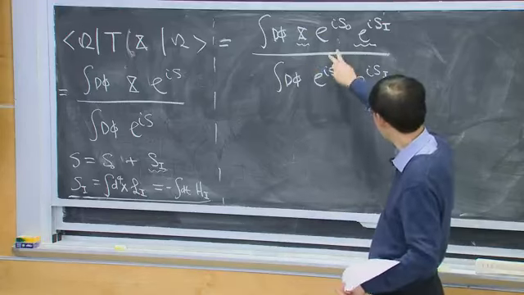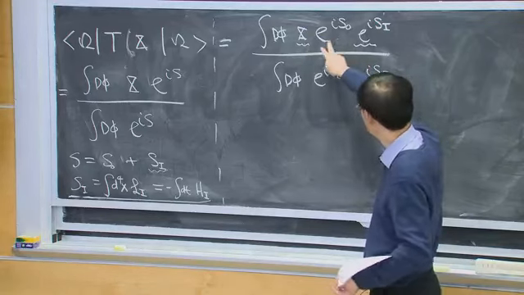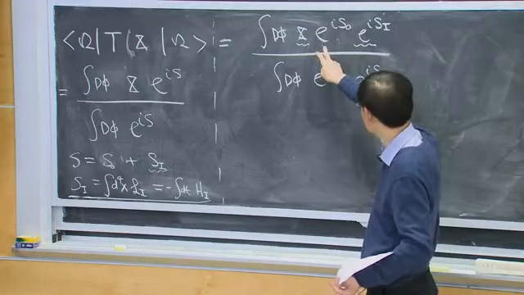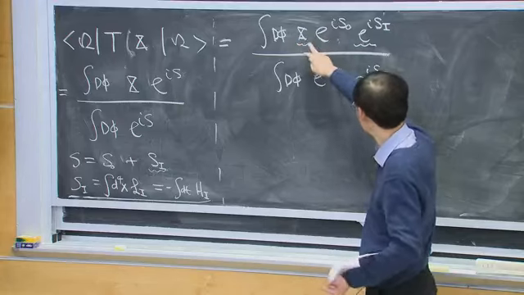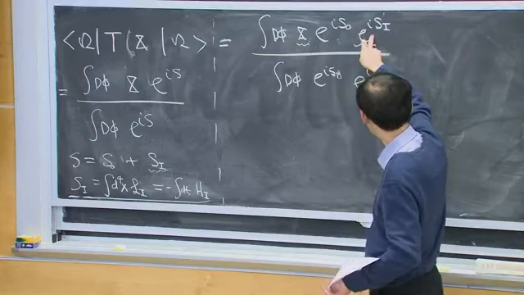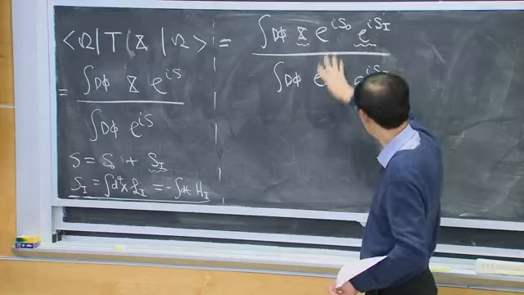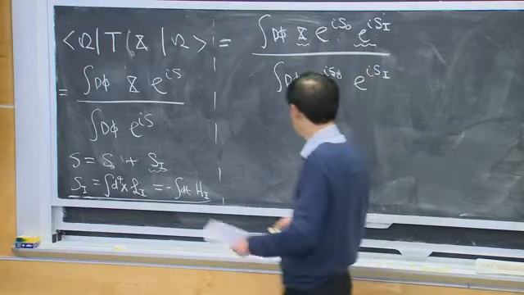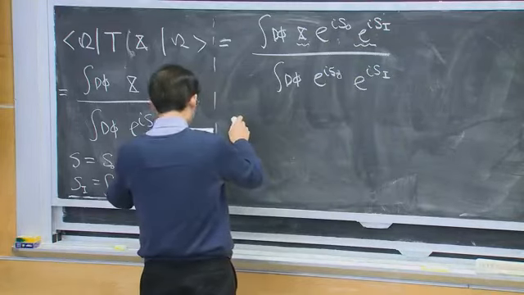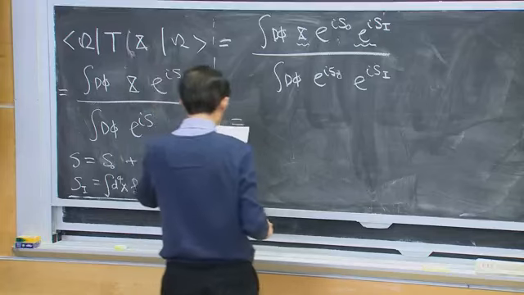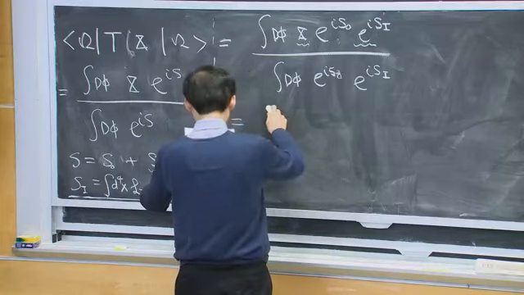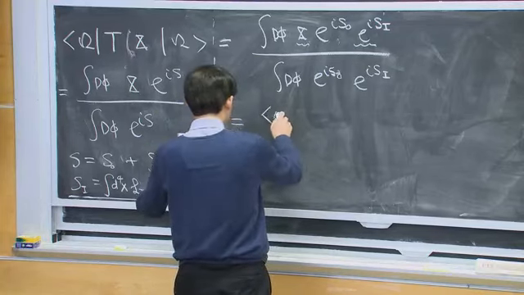We can interpret this just as an integrand for the free theory with some x prime, so x times e to the i S_I as another x for the free theory, and similarly downstairs. So we can write this now in the free theory.